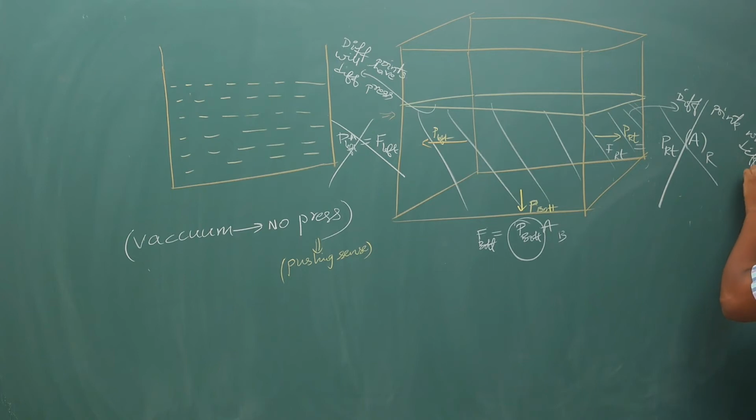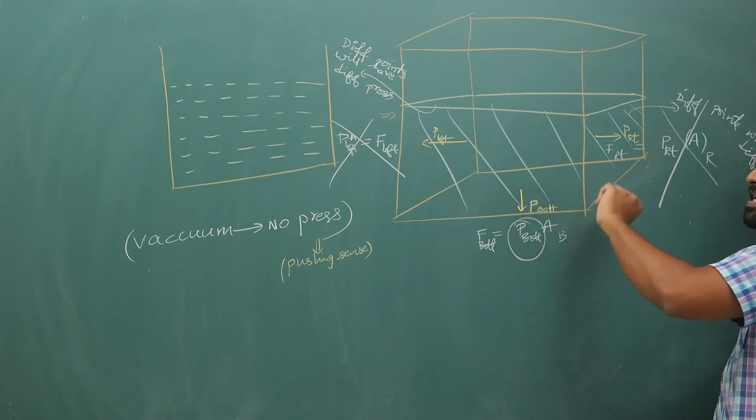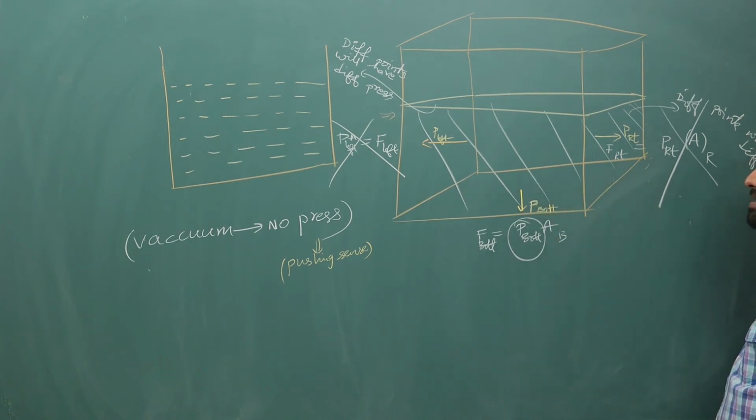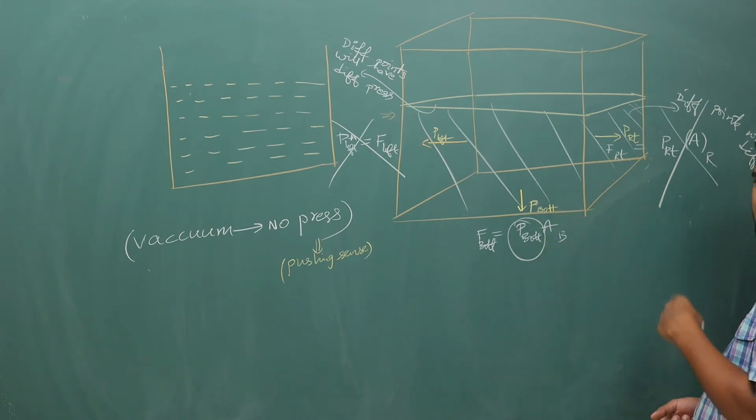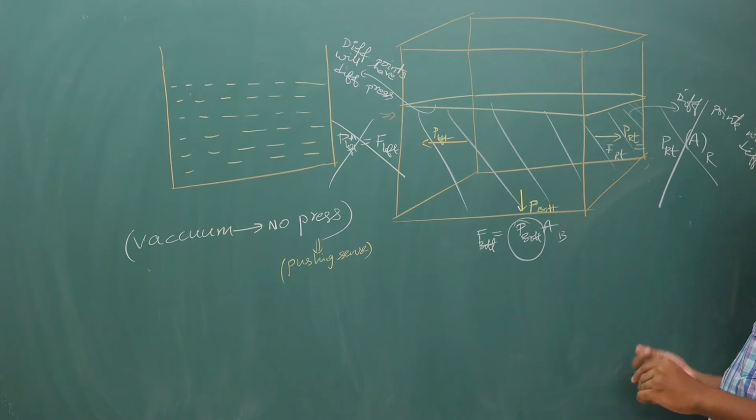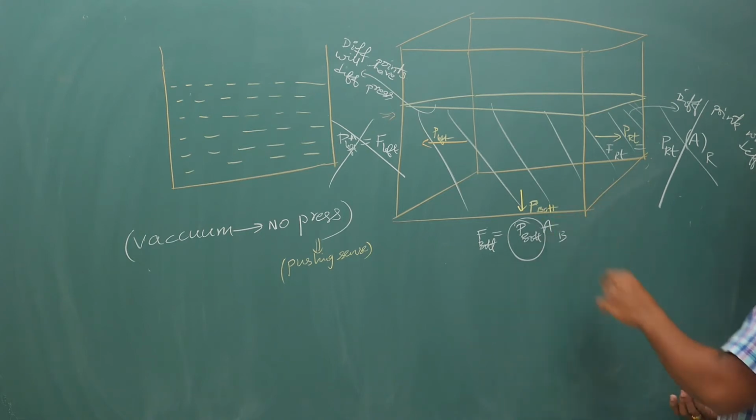Now you are actually supposed to define pressure at a point, but we are defining pressure for the entire surface. If I am defining pressure over a region, I am going to take the average value if it is varying, or else it will be constant everywhere.